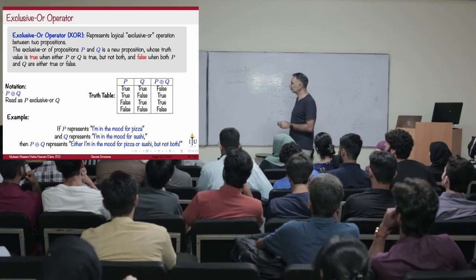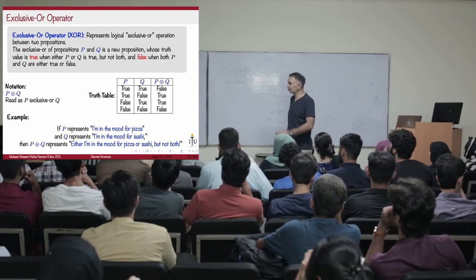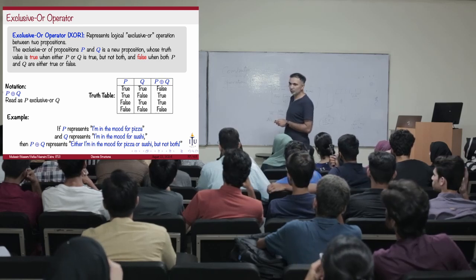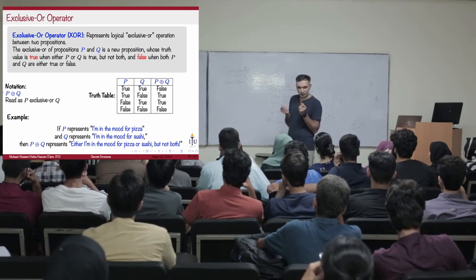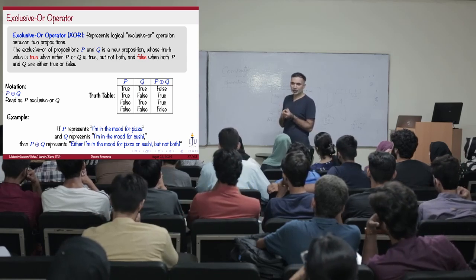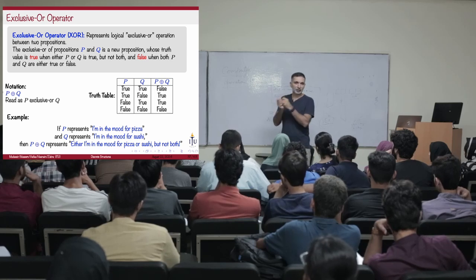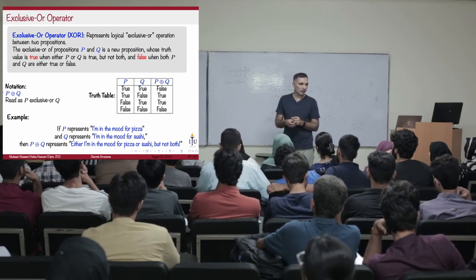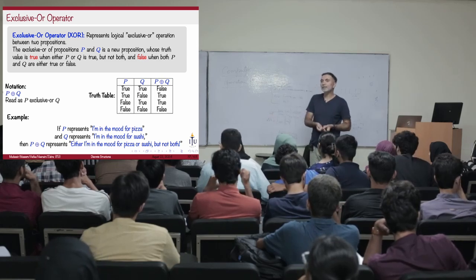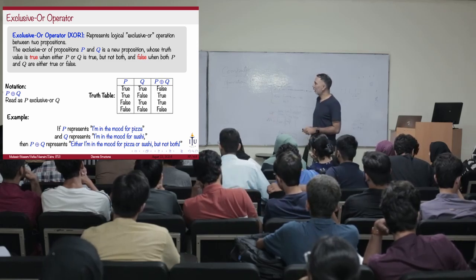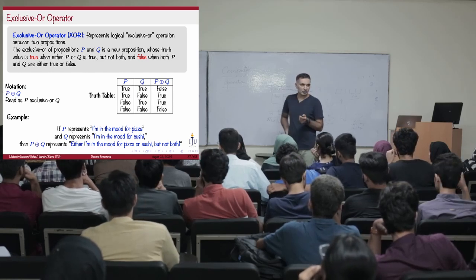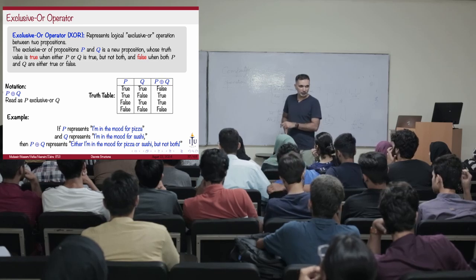Exclusive OR is true when the original two statements have different truth values. So if both of them are true or both of them are false, then exclusive OR will be false. We don't want both of them to have the same truth value. If one of them is true and the other one is false, then you will have a true for the exclusive OR statement.